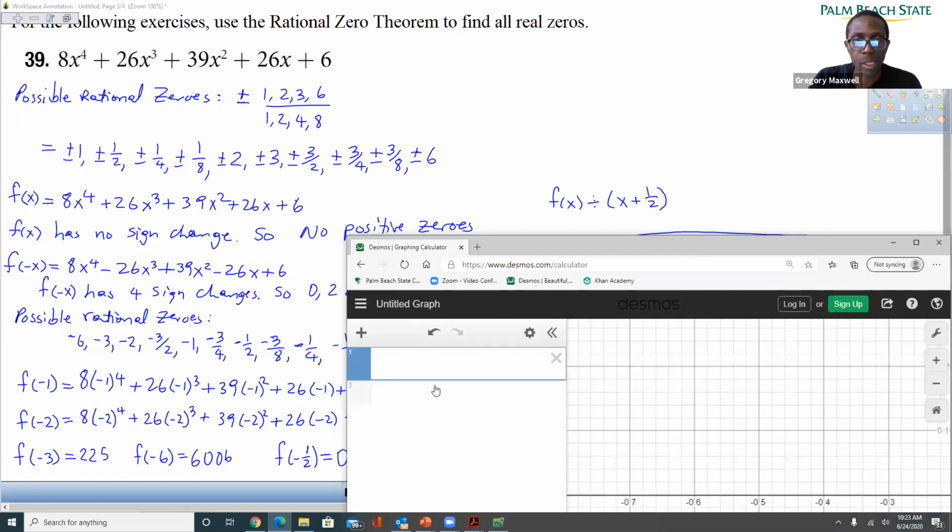I think some of you can suspect what I'm going to do. I do f of x equal to 8x to the 4 plus 26x cubed plus 39x squared. Oh, my bad.